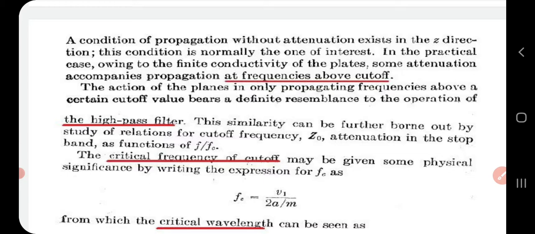In practical case, because of the finite conductivity of the plates that we are considering, some attenuation will occur during the propagation of the wave, and that occurs especially at frequencies above cutoff. The action of the plane in only propagating frequencies above cutoff will have a close resemblance to the operation of a high pass filter. This similarity has led to many studies of relations for cutoff, attenuation, etc.